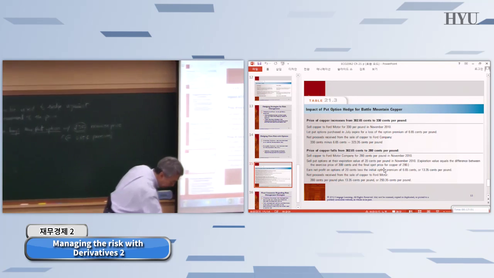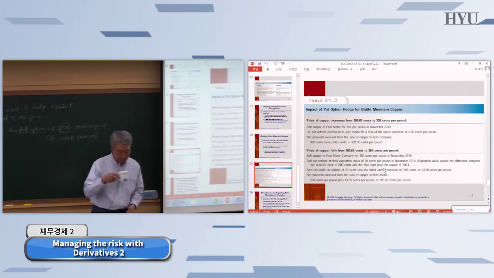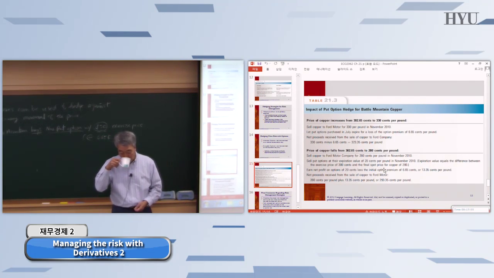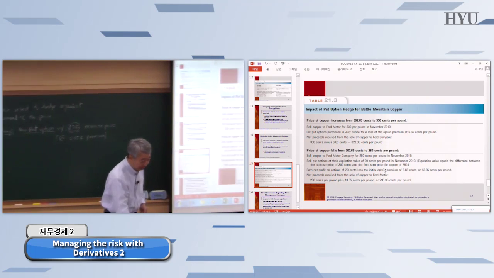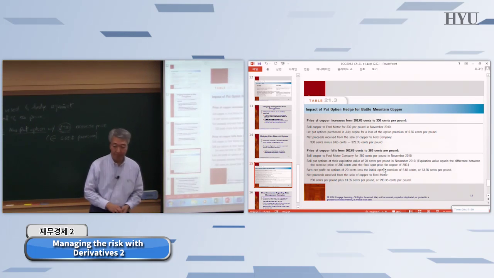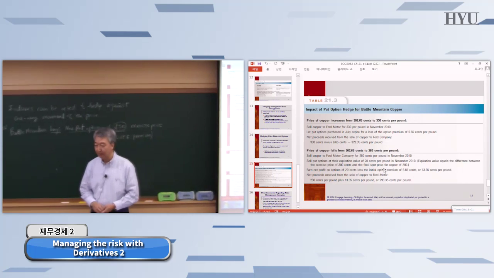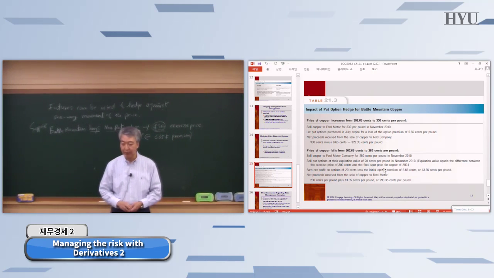Are you protected? It doesn't really work exactly like the future or forward case. Here, in the two scenarios, the amount of profit is different. You have to understand that.